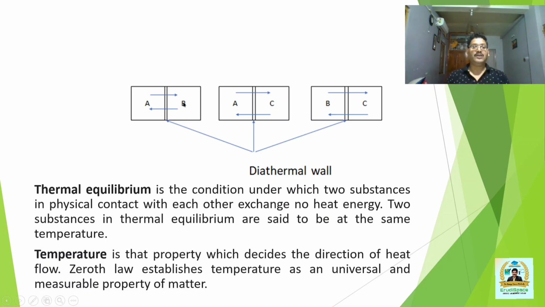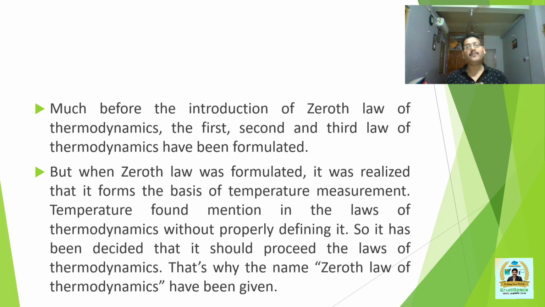So Zeroth law establishes temperature as a universal and measurable property of matter. I know that after this your concept about the Zeroth law and temperature should be crystal clear.